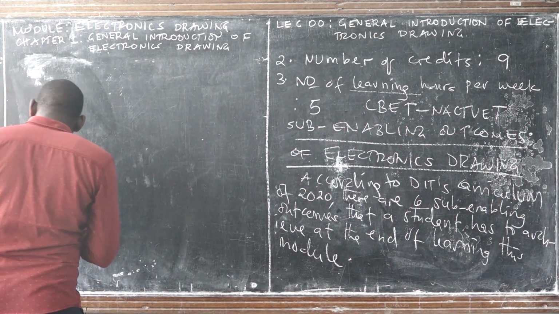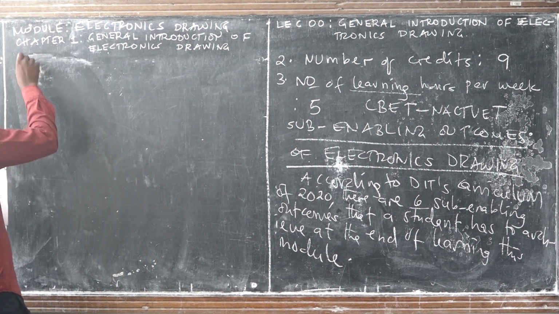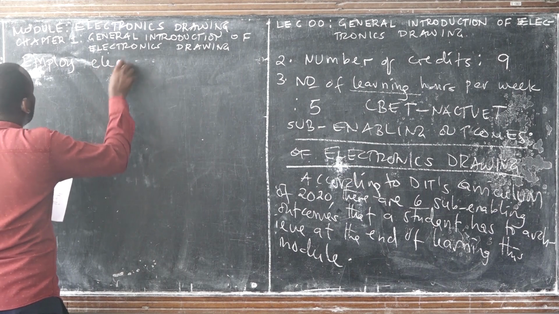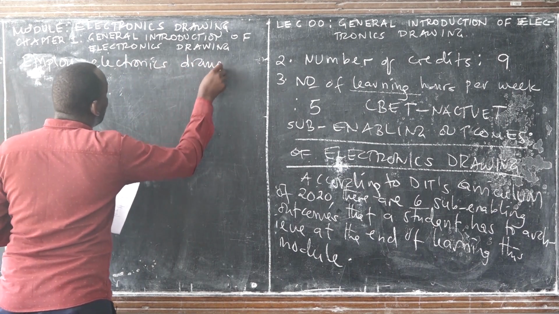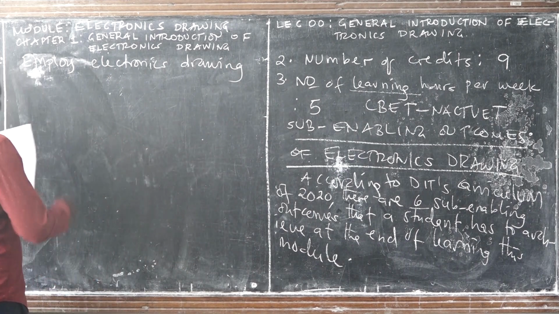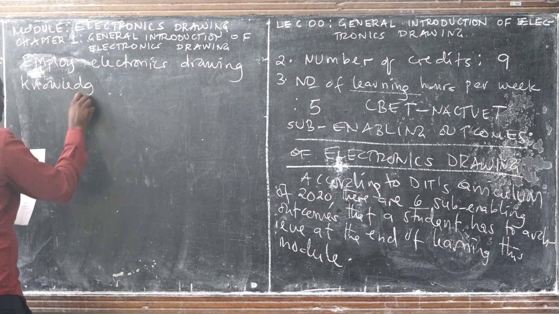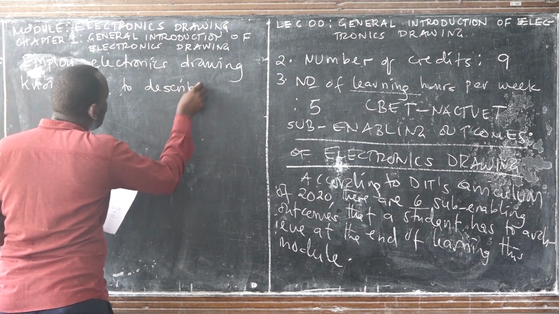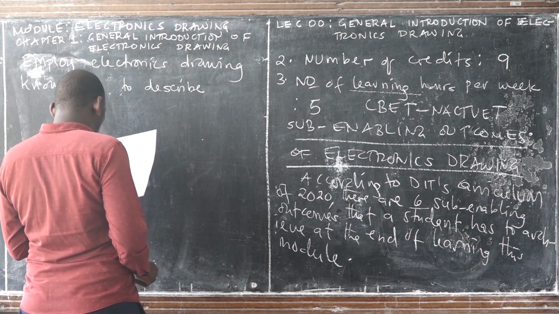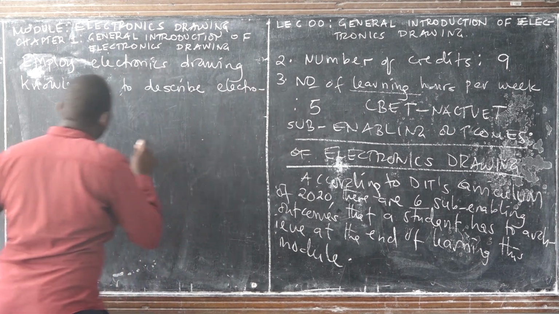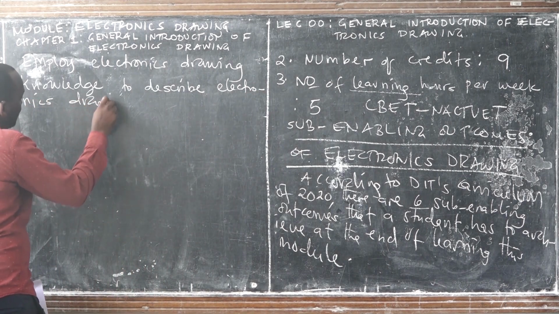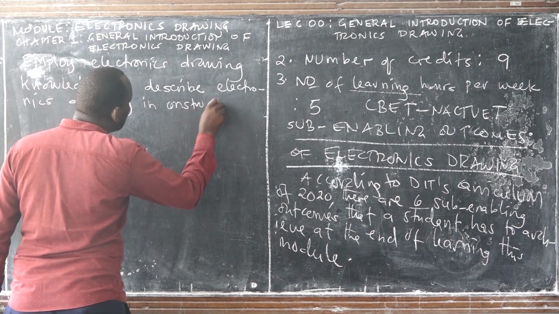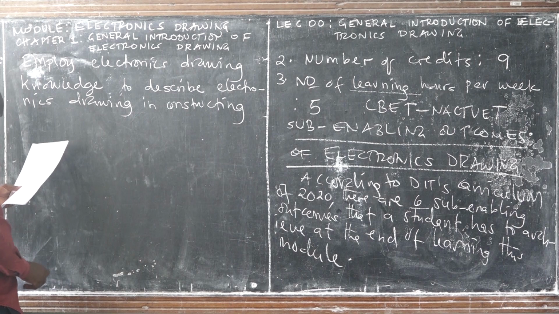The first sub-enabling outcome: a student should be able to employ electronics drawing knowledge to describe electronics drawing in constructing electronic circuits.